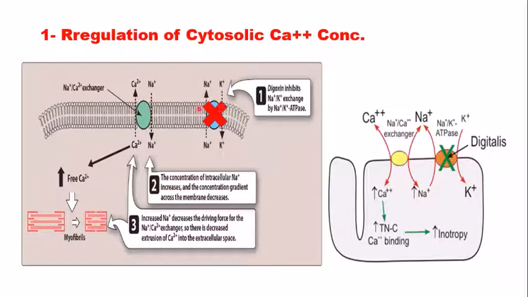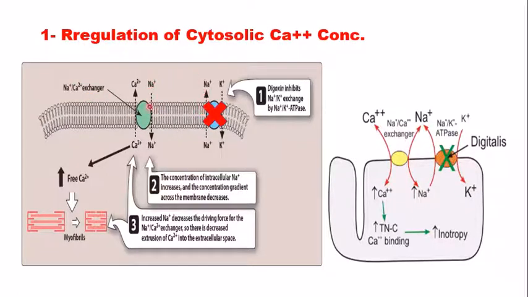Basically, what happens normally when the sodium-potassium exchangers, the sodium-potassium ATPases, are working is that potassium is coming into the cell and sodium is going out from the cells. As a compensatory mechanism, the sodium-calcium exchanger is activated to compensate for this outflux of the sodium.